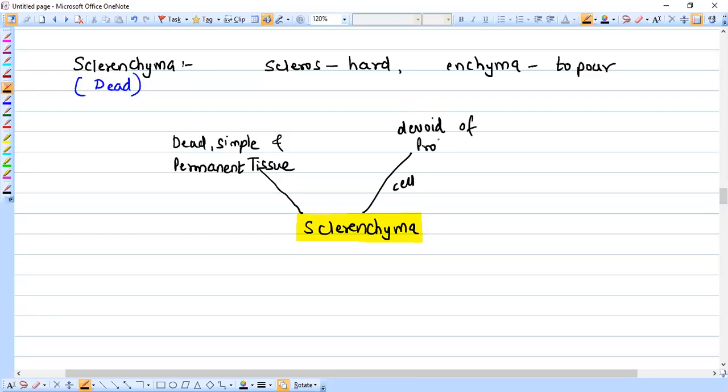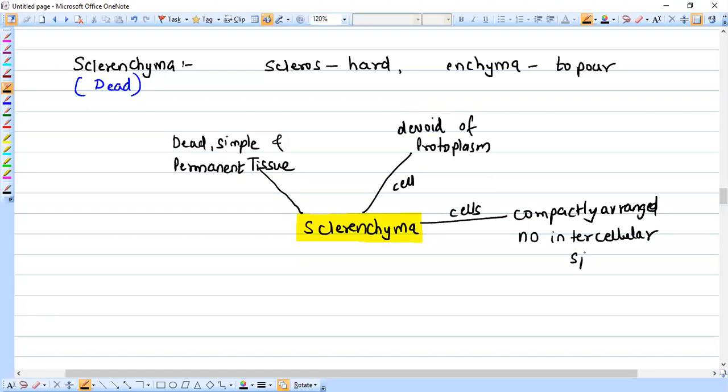So there is no protoplasm as such present because it's a dead cell. The cells of Sclerenchyma are all compactly arranged. Most important, all the cells are compactly arranged. When I say compactly arranged, it simply means that there will be no intercellular space. There is no intercellular space present in the Sclerenchyma.